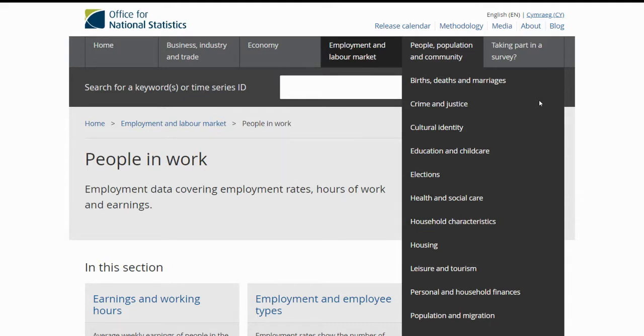Their education, so the level of education, how many people vote and not vote, health and social care information, household characteristics, so how big your house is, how many people are living there, the sort of houses you live in, leisure and tourism, all this stuff here, population and migration, so what countries people come from if they're not from here, and how many of them are there. And that, along with finance, this is all affecting business.